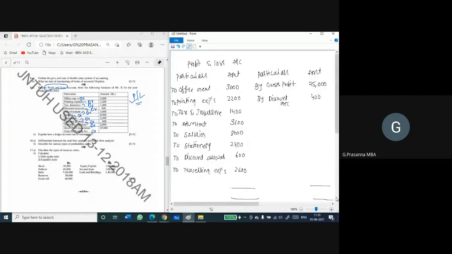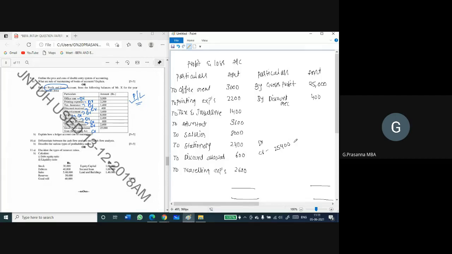Now you need to do the total of debit and credit. Here we can write in the rough column the debit total and credit total. Credit total is 25,400. Now I will add the debit total: 3,000 plus 2,200 plus 1,400 plus 3,600 plus 8,000 plus 2,400 plus 600 plus 2,600.